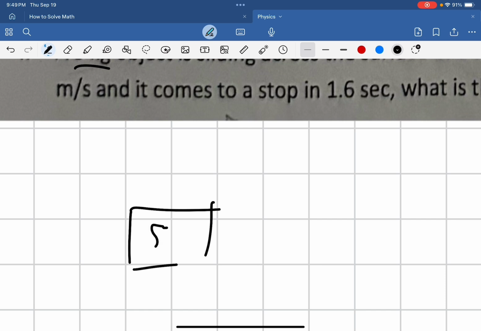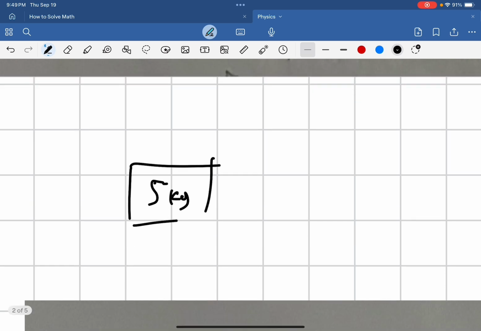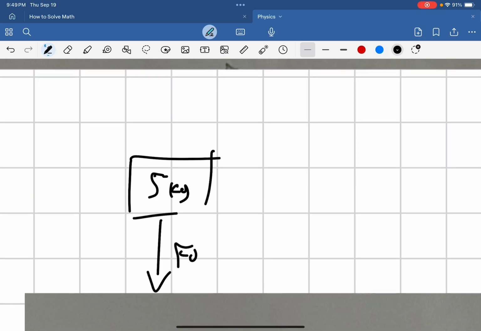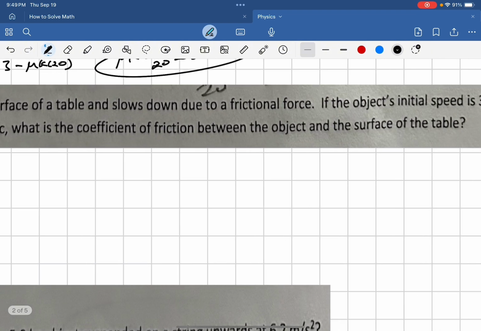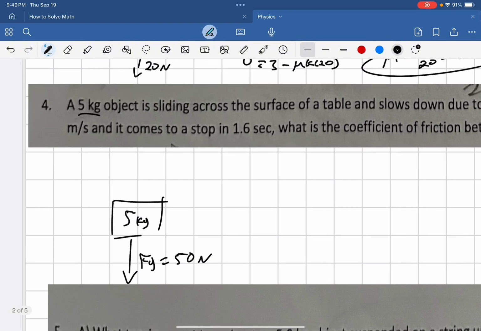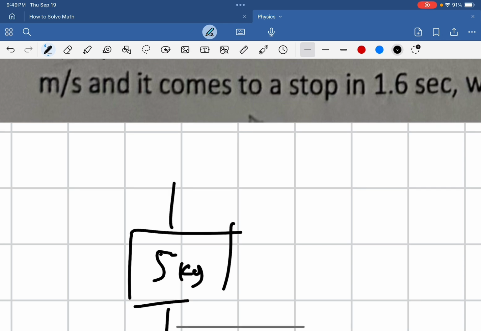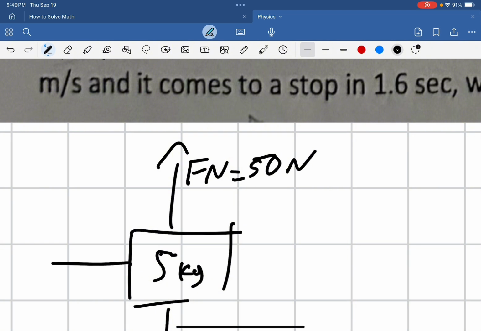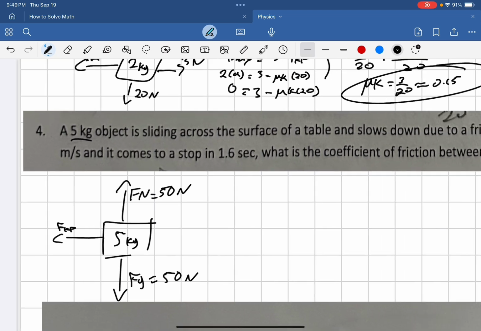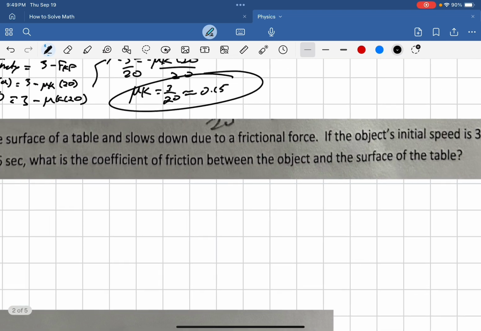Alright, 5 kg, F of g is going to equal 50 newtons, and pretty sure for this one F of n is also equal to 50 newtons, and we have FKF right here, right? So let's see.